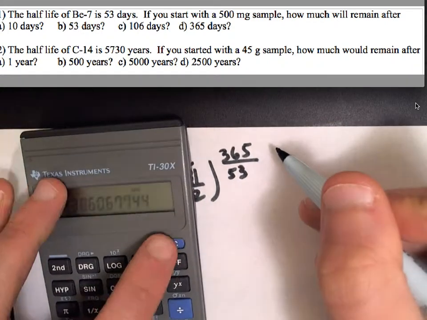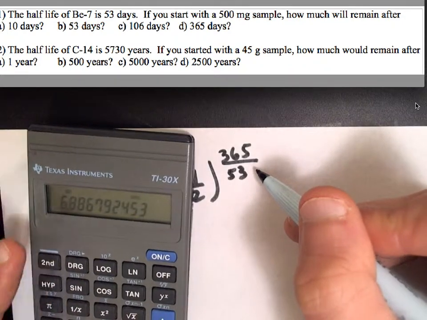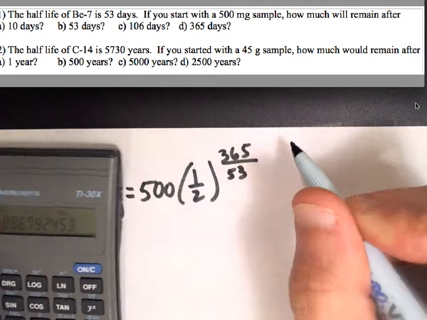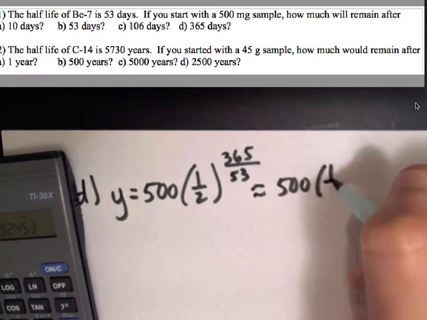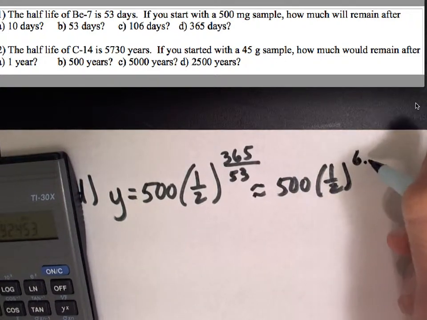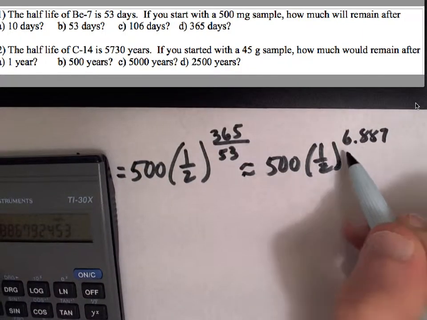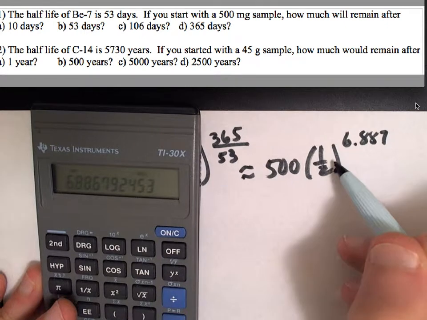Let's see how many half-lives we waited here. 365 divided by 53 is 6.88679. So we'll round that to 6.887. So approximately 500 times 1/2 to the 6.887 half-lives. So it's halved itself 6.887 times approximately.